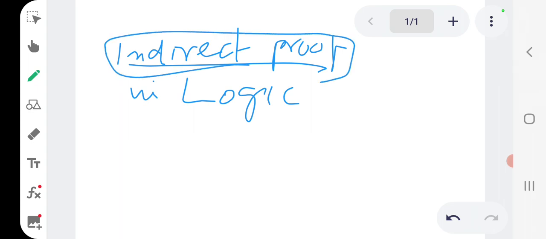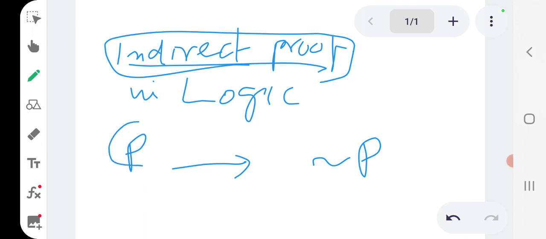Because if you want to prove P, what you do is take the negation of P and combine it with other premises which are already proven, and show that it leads to a contradiction.